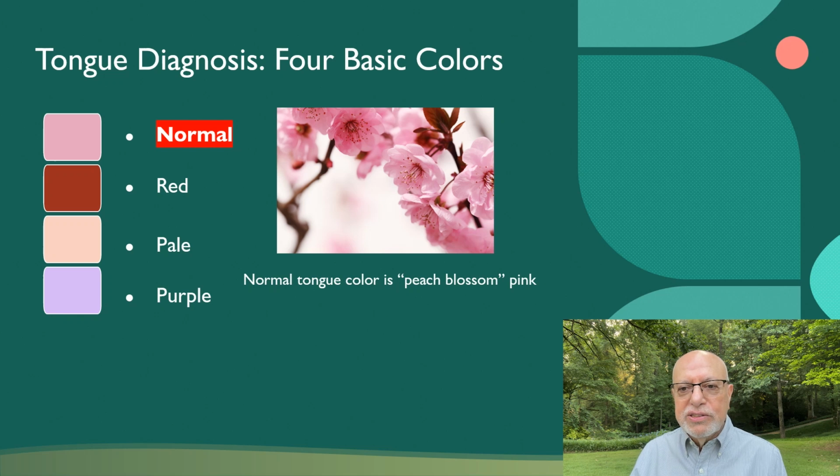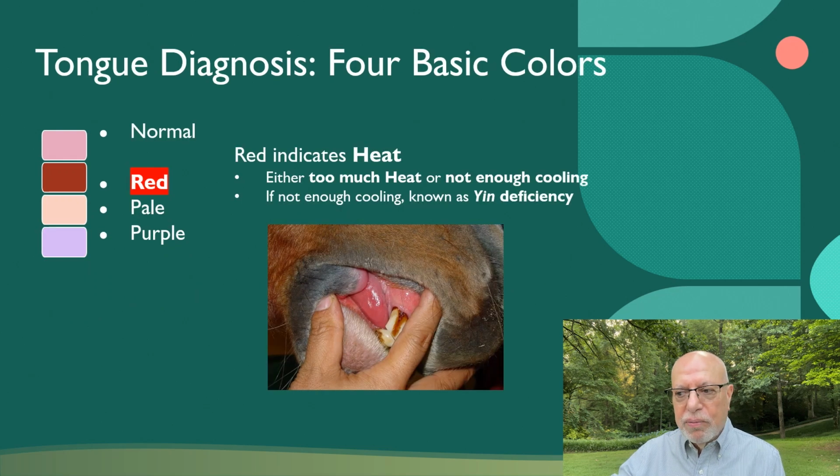So it comes together after understanding and then practice. To simplify tongue diagnosis, just keep in mind that the normal color of the tongue ought to be a pink peach color, as you see in this picture, which probably makes it a little more clear. That is supposed to be a normal color. Then there is a red color.